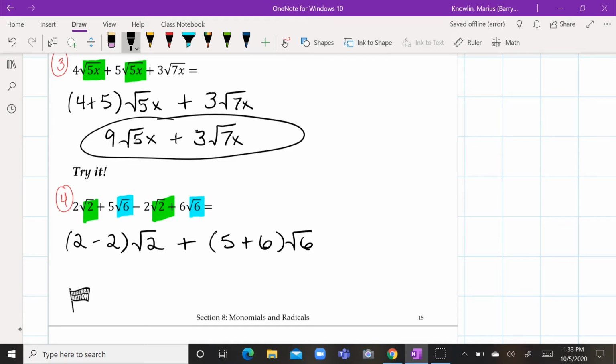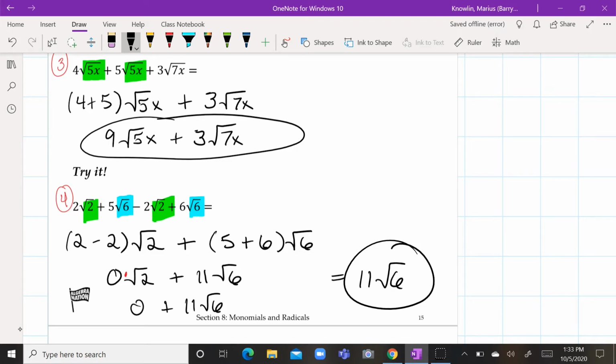And when we simplify that, that's going to be 0 square root 2 plus 11 square root 6. But we know that 0 times anything is 0. So really this becomes 0 plus 11 square root 6, which the final answer is just 11 square root 6.